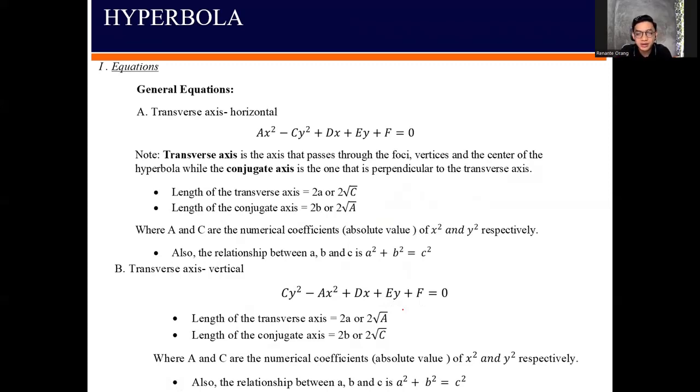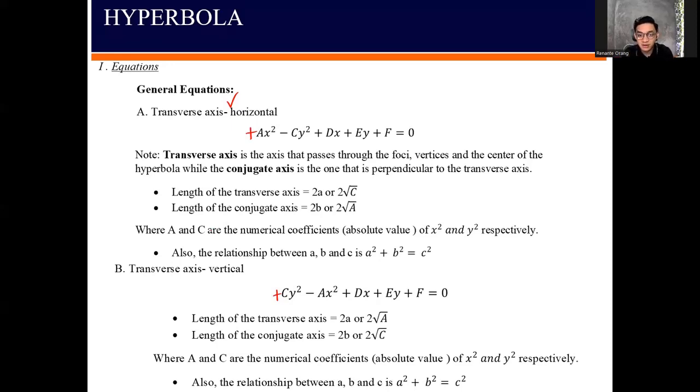So, let us just compare this one ng madalian lang. If titingnan ninyo, pag ang x squared natin is positive and our y squared is negative, that is our transverse axis or horizontal. But take note, if ang y natin is positive, then ang x natin is negative, that is vertical, yung ating transverse axis.